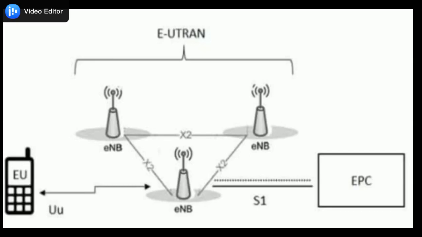Okay, each eNodeB connects with the EPC by means of the S1 interface. It can also be connected to nearby base stations by the X2 interface, which is mainly used for signaling and packet forwarding during handover.